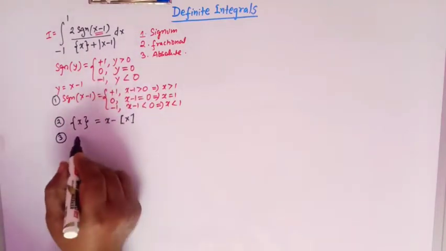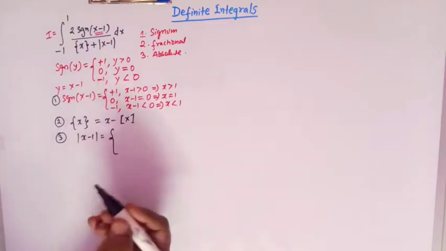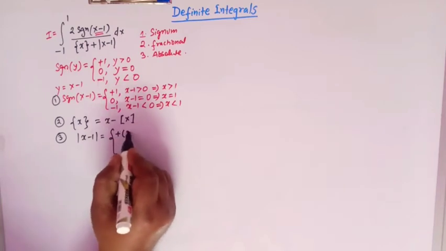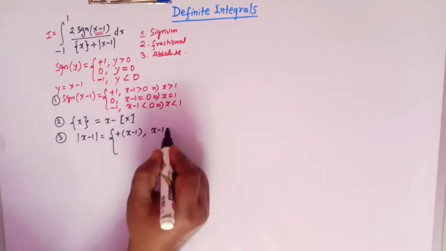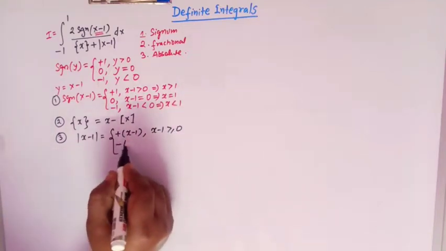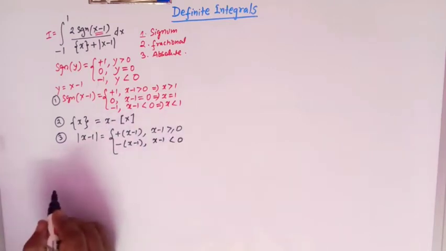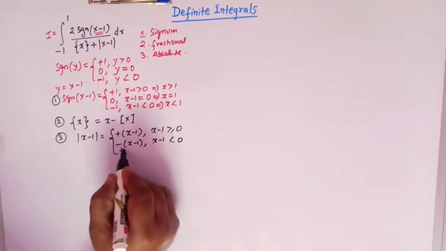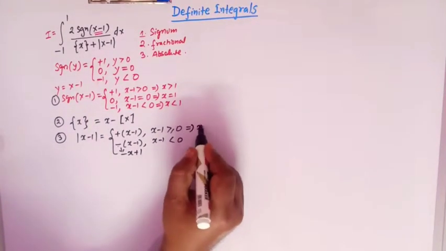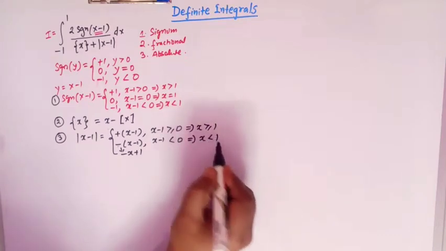We have mod of (x minus 1), and from the definition of the absolute value function, mod of (x minus 1) is equal to x minus 1 whenever x minus 1 is greater than or equal to 0, and equal to the negative of (x minus 1) whenever x minus 1 is less than 0. This can also be written as minus x plus 1. Here x is greater than or equal to 1, and here x is less than 1.